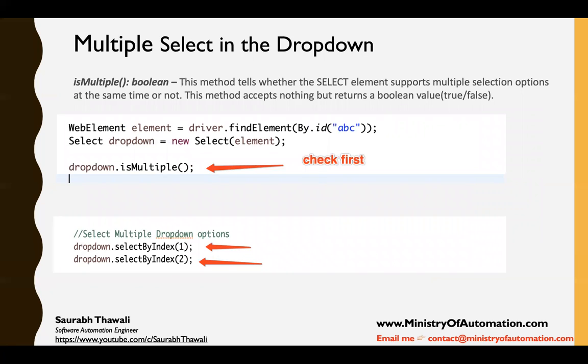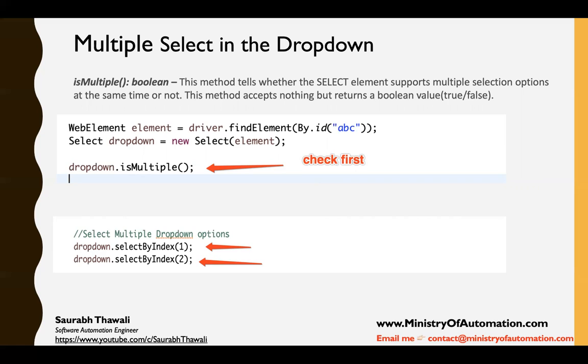Now another thing which I asked you to practice is isMultiple, right? Sometimes in a drop down you may have multiple already defined. If you want to check whether you can select multiple options in a drop down, first you should use this method isMultiple.